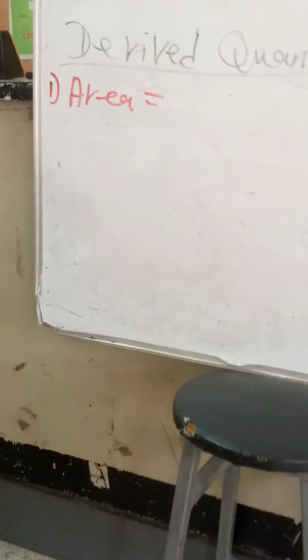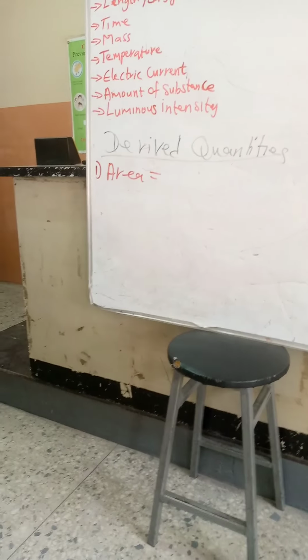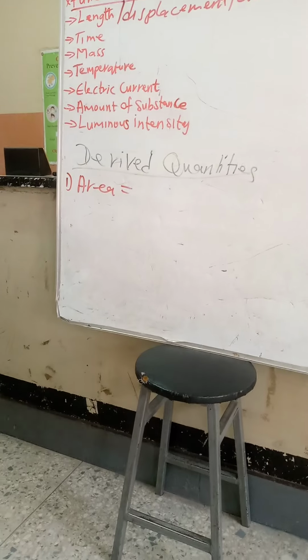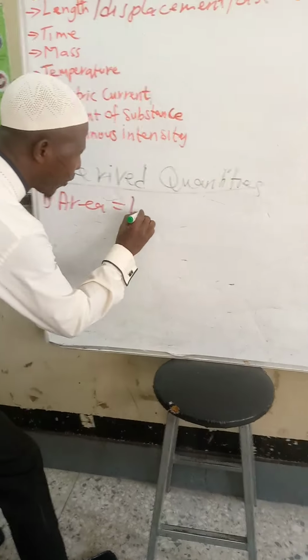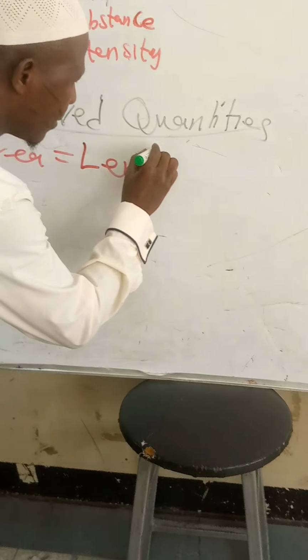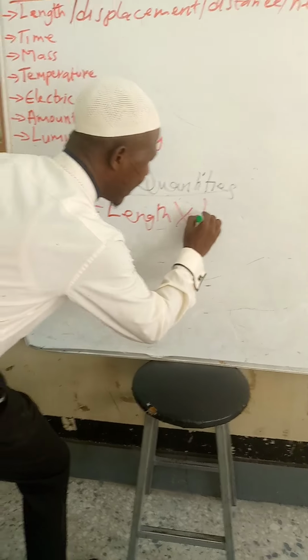We get area by combining 2 things together. If I want to measure the area of this laptop, I will measure the length, which is 31 centimeter. Then I will measure the breadth, which is 22. Then I will multiply the 2 together. Therefore, area is from length multiplied by breadth.